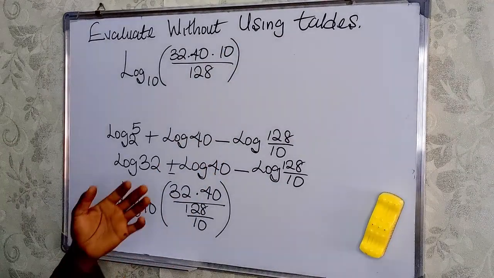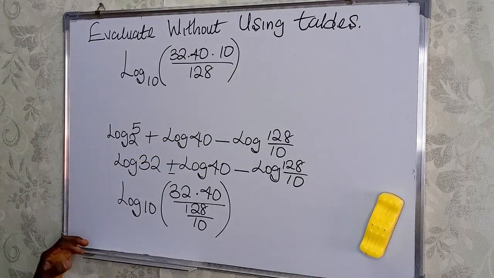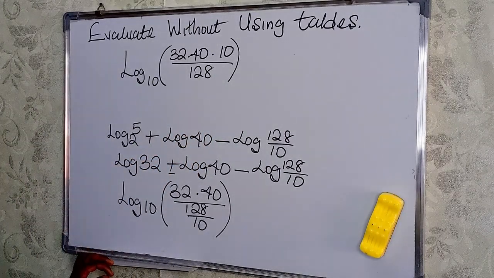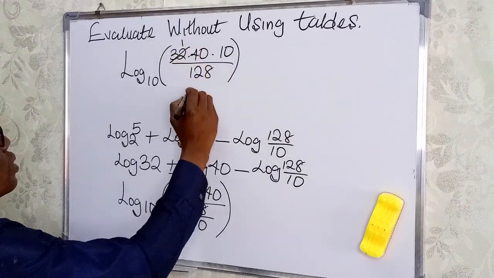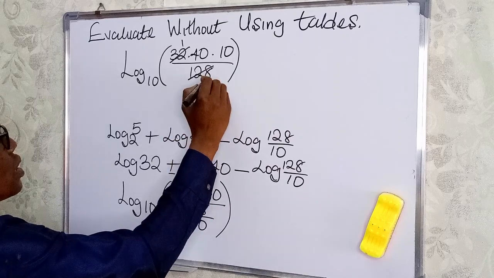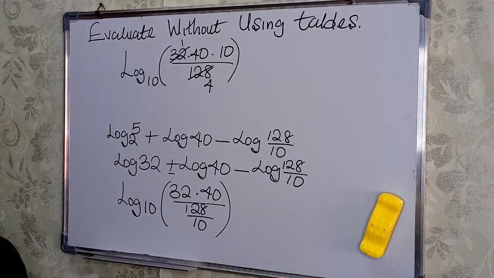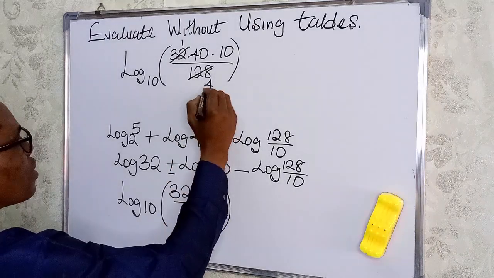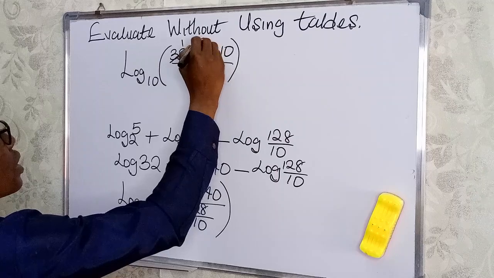So let's simplify this by reducing it to a simpler term. If we have 32 here, it will give us 1. How many 32s can we get in 128? That will give us 4, right? Good. Now, 4 here can give us 10, right?